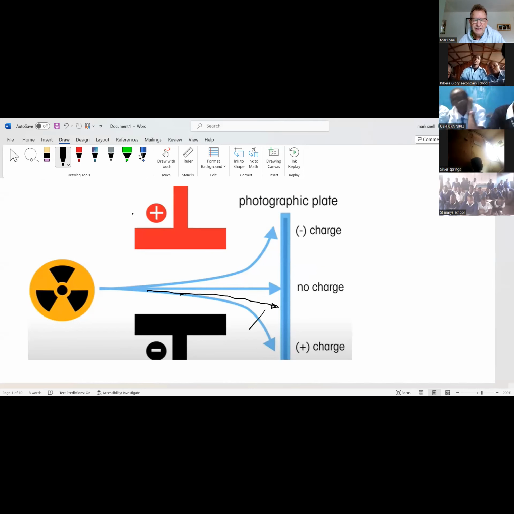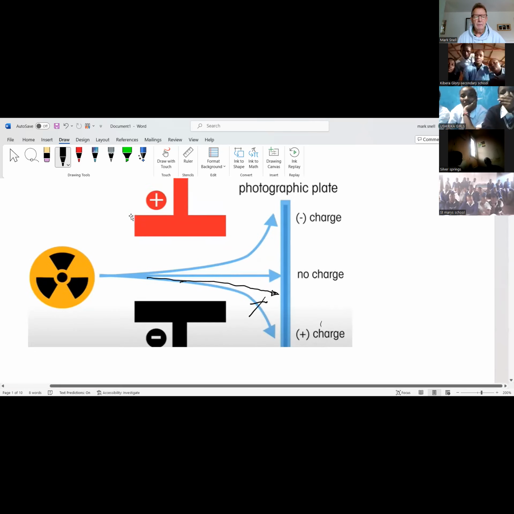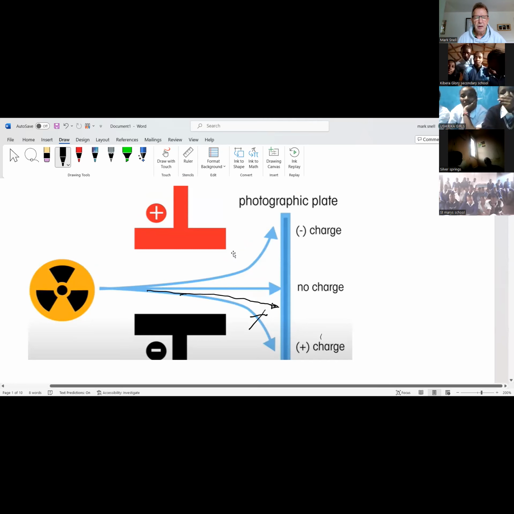In other words, this line here is wrong. Now that's really quite important. You need to know that the one which is positively charged, attracted to the negative, is not as strongly attracted as the one which is attracted to the positive. Okay, that's very important. The reason for that is to do with the mass of the particles.